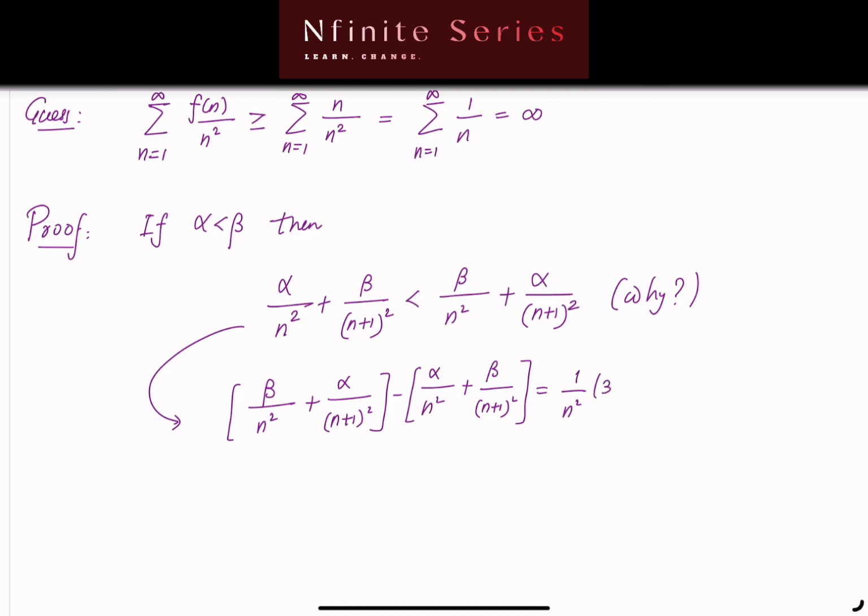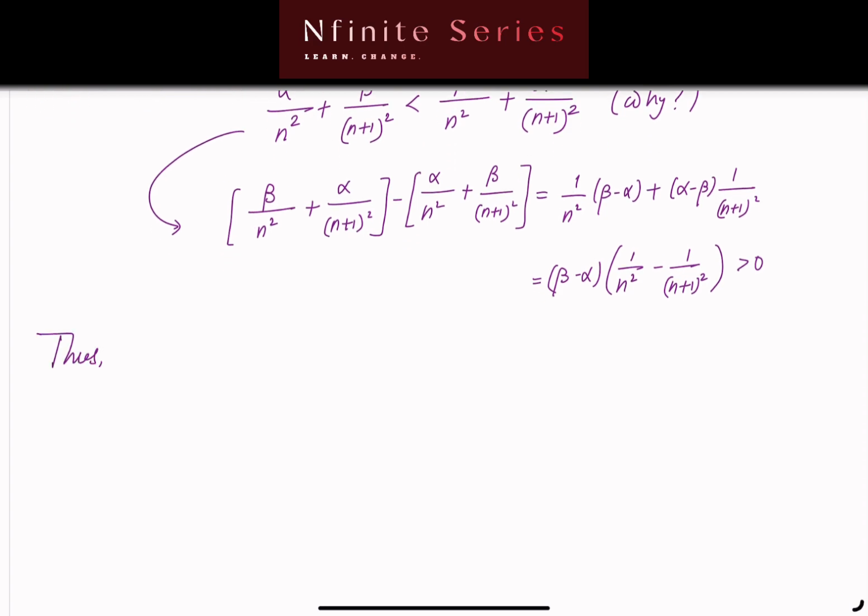Take the similar terms together, you get 1 by n square times beta minus alpha, plus you consider the remaining term, you have alpha minus beta times 1 by n plus 1 square. Now if you consider beta minus alpha common from both the terms, you get beta minus alpha times 1 by n square minus 1 by n plus 1 square. Now this is a product of positive numbers, so this is positive. So this proves that the right hand side is actually greater than the left hand side.